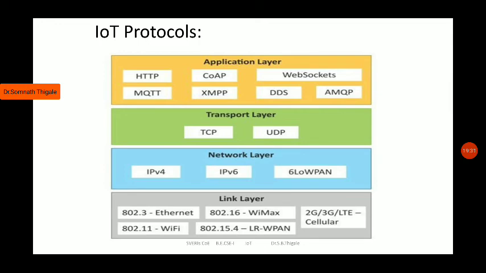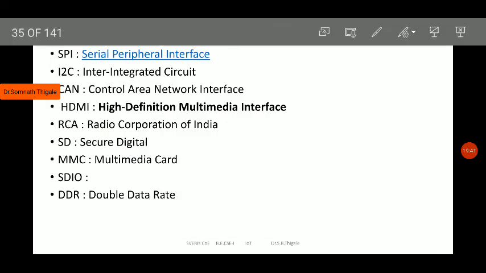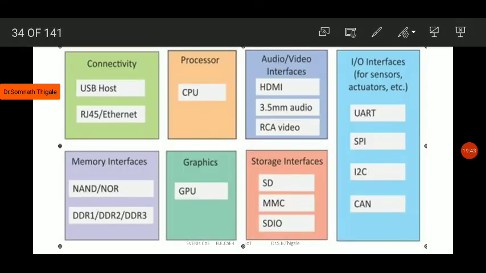So what have we covered? We have covered the physical design of IoT. In the physical design of IoT, we saw one important diagram known as the generic block diagram, and then we discussed the different protocols available in IoT.